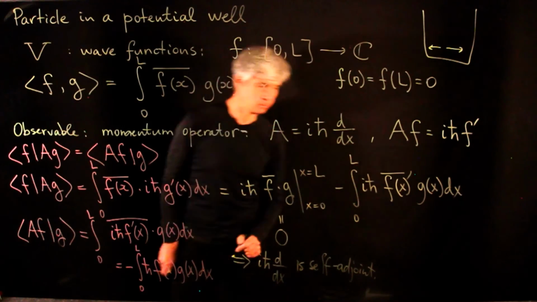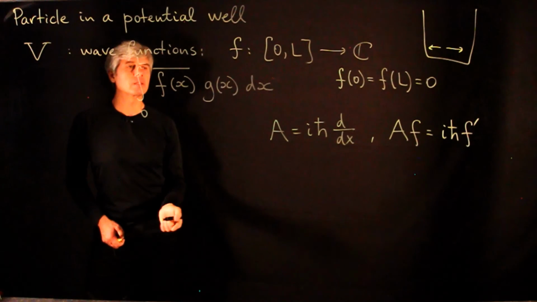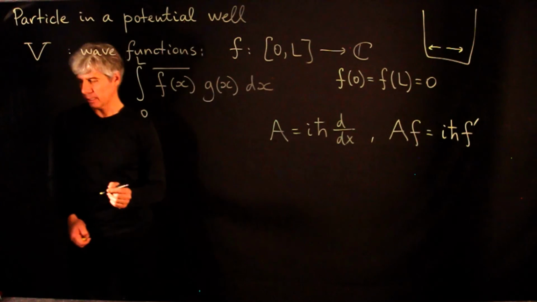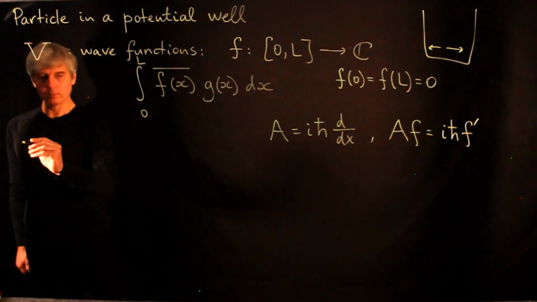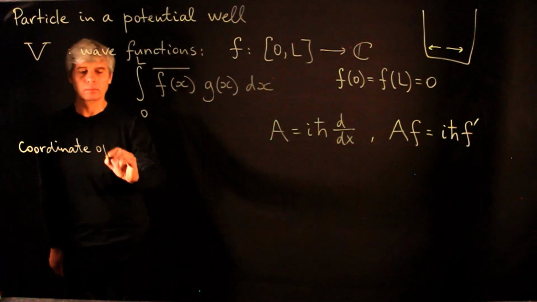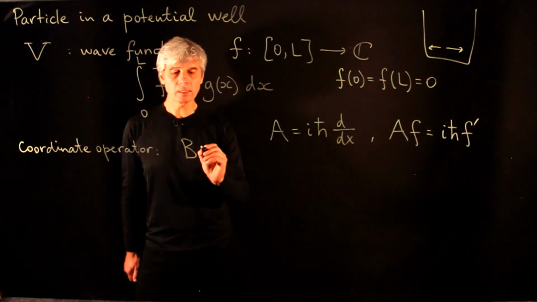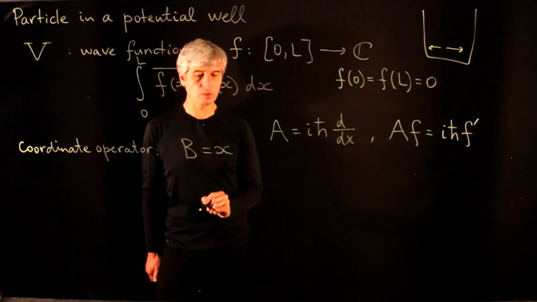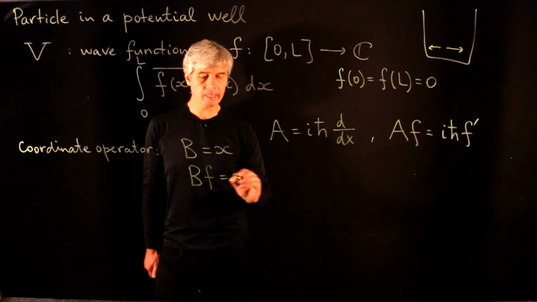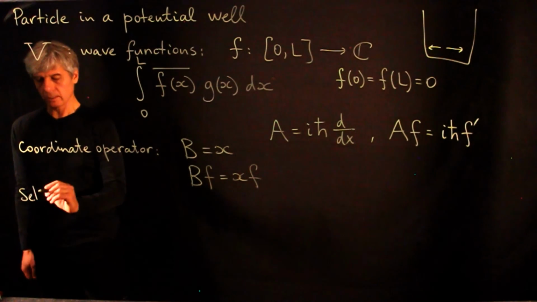Another natural observation that we can make on this particle is we can try to measure the location of the particle, right? So this is the coordinate operator. And this operator B is simply multiplication by x. So this means that Bf is equal to x times f. And we can see that this is self-adjoint.